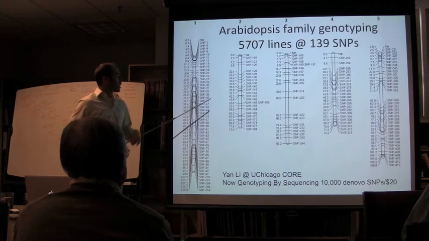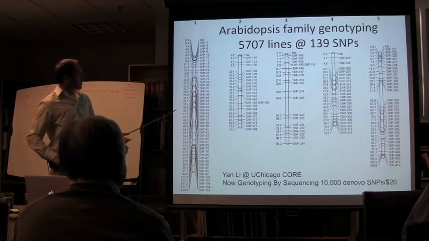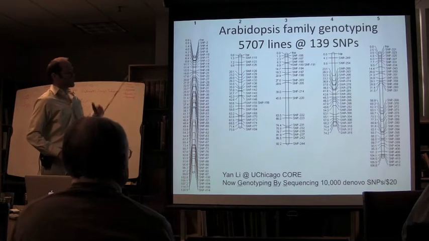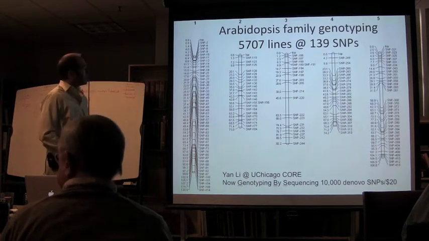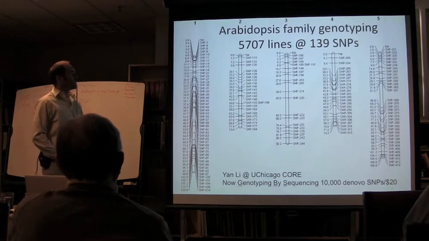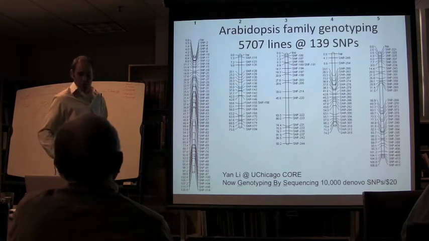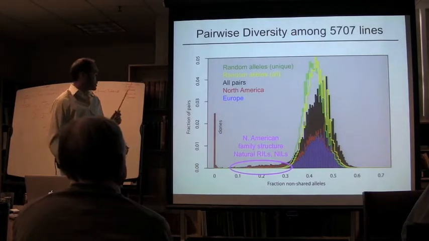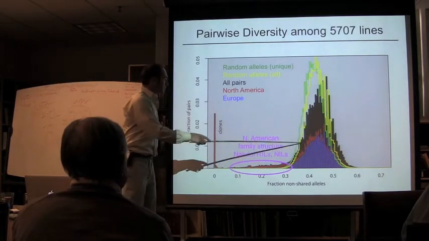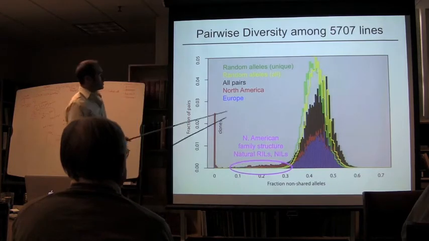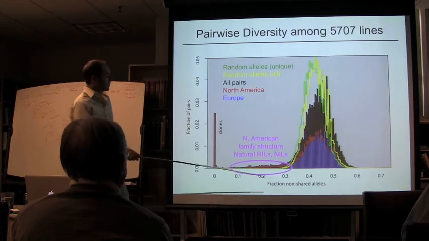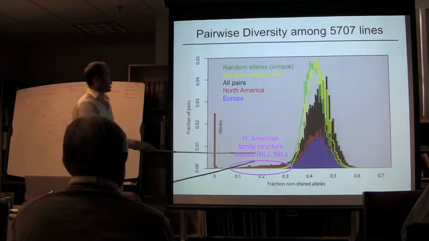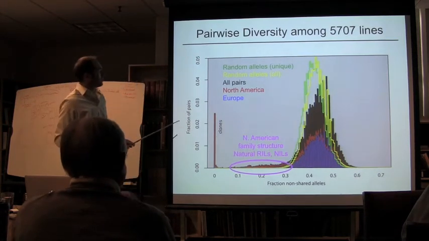This was before NextGen came out, but we could look at some common markers just to try to identify clones and look at some more recent family-level population structures. Pairwise comparisons revealed that most lines, especially in Europe, were about 50% diverged from each other. These were common markers, so that's what we expected by chance under these null models.